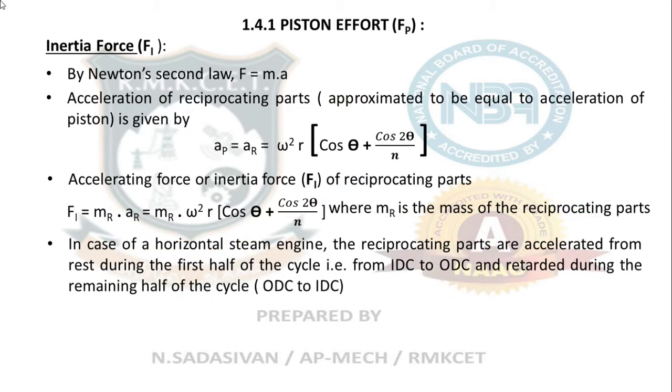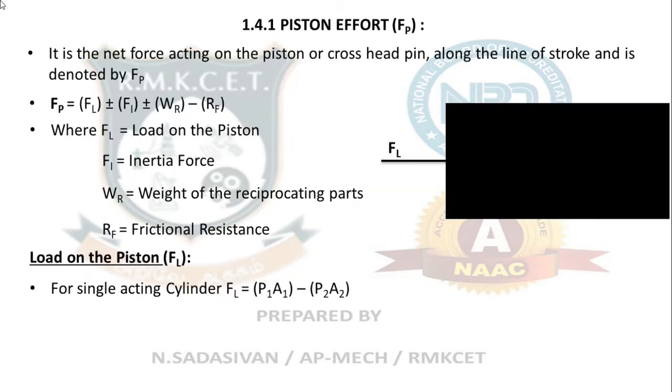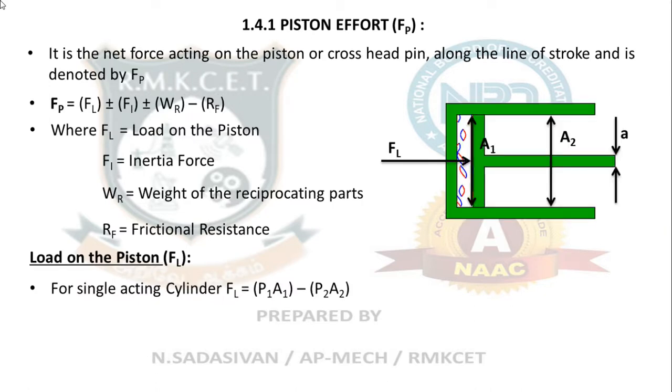Okay, in case of a horizontal steam engine, reciprocating parts are accelerated from rest during the first half of the cycle, that is from IDC to ODC, and retarded during... I think this is wrong. See, you just imagine like this. What you have seen here is the to and fro movement of the engine, the piston starts to accelerate.